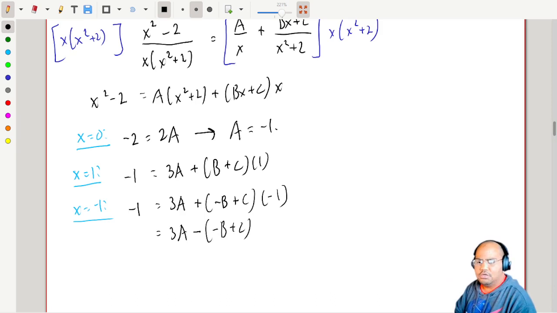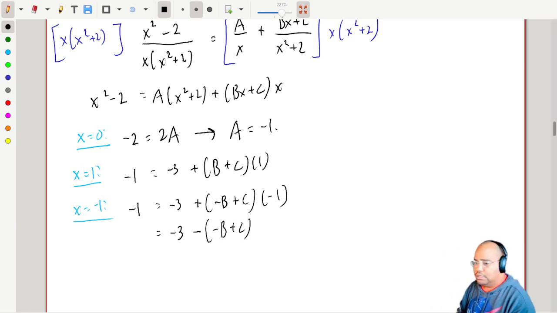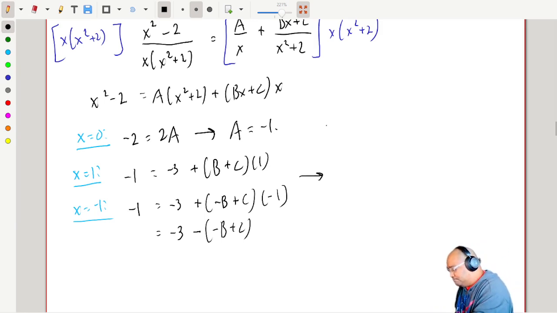Well, we already know what a is, right? A is negative 1. So I'm going to do some cleaning up here. Remember, we had negative 1 times 3, so negative 3 in both equations. Now I'm going to take these two equations and watch what happens. If I move the negative 3 over by adding the inverse operation, for the first equation I get b plus c equals 2.